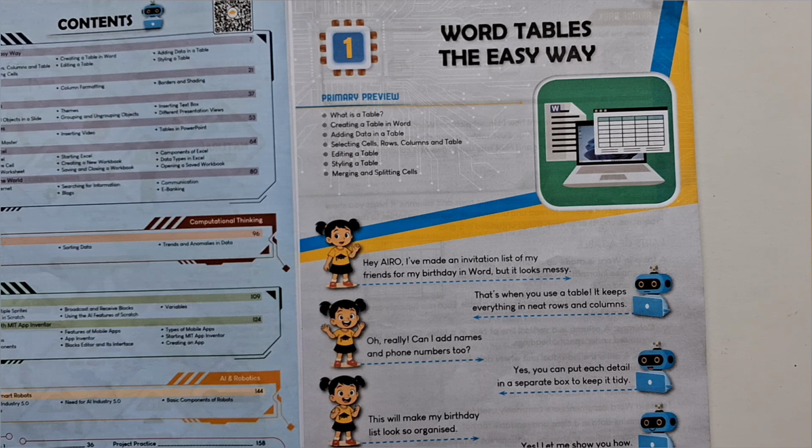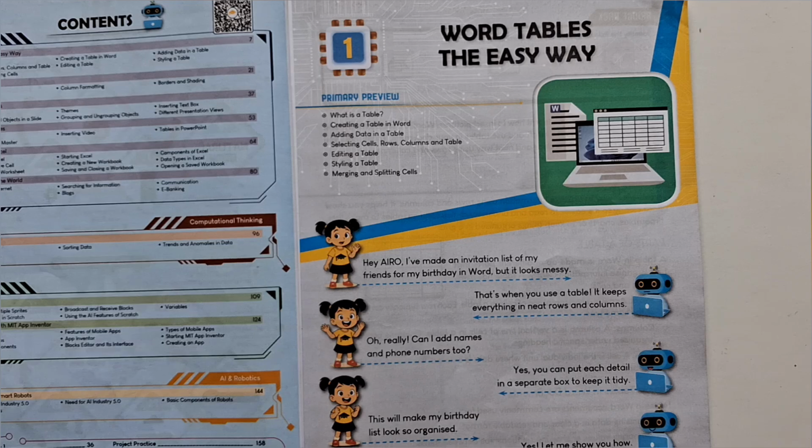Kids, here is our best friend, one girl you see here, and her friend Arrow. She asks her friend, "Hey Arrow, I have made an invitation list of my friends for my birthday in Word, but it looks messy." Arrow says, "That's when you use a table. It keeps everything in neat rows and columns."